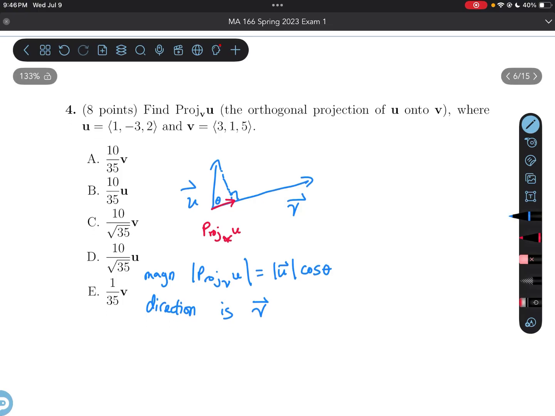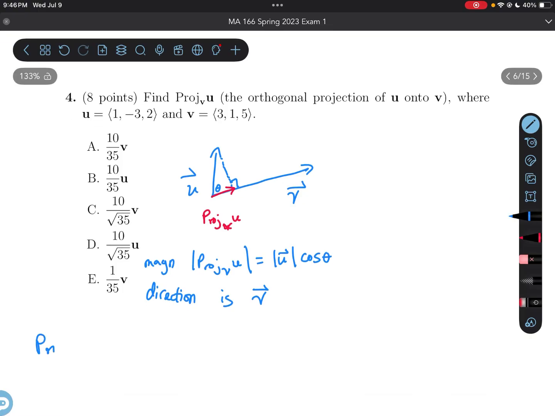Okay, so first thing, we have the magnitude, and we multiply this by v.